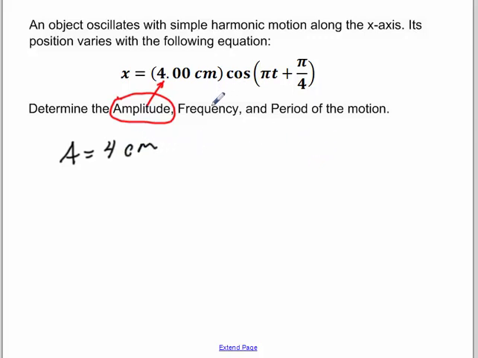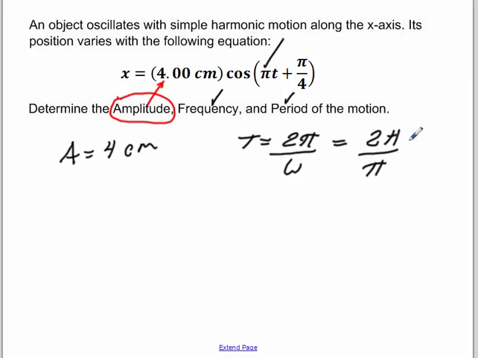All right, determine what the frequency is. Well, first thing I'm going to do is just find the period. Again, I know that the period T is going to equal 2 pi divided by omega. So it's 2 pi here. Omega, again, is this value right here. I divide by pi, and I get immediately what the period of my system is going to be, and that's going to be equal to 2 seconds.